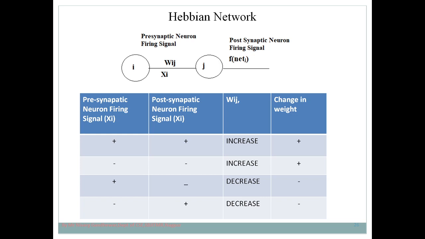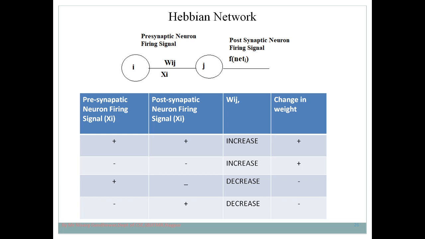Suppose you find the difference between the actual output and expected output is large, then you have to modify the weight. Now Hebbian learning has given a rule for when we should increase the weight and when we should decrease it. This is the major understanding about Hebbian learning: when the weight has to be increased between two neurons and when it has to be decreased.